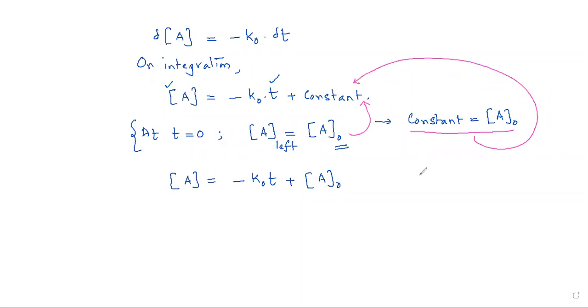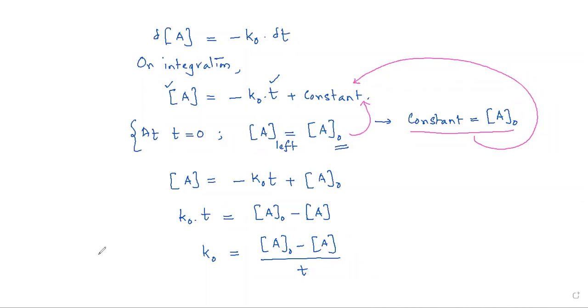Now the constant is substituted in the same expression. This can be written as K0 into T is equal to A naught minus A, and K0 can be written as A naught minus A by T. So this is the expression for the zeroth order rate constant. K0 refers to zeroth order rate constant.